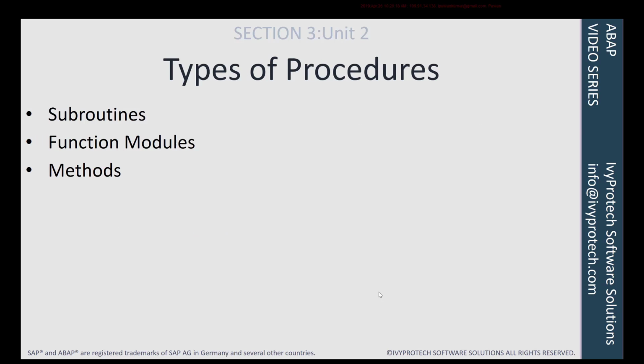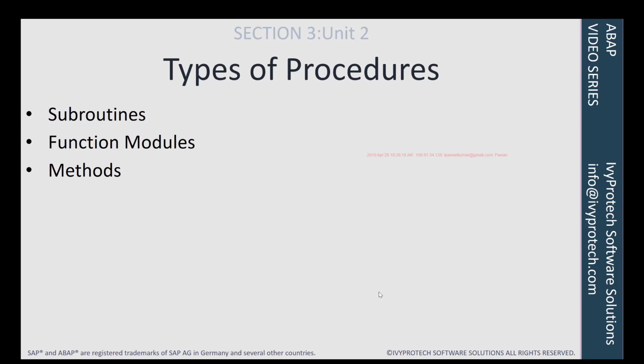If you are confused, I want to have a reusable software block, which one should I use? Whether I should use a subroutine, or a function module, or a method. Let me make it clear for you. If you are looking at reusability within the same program, then use subroutines. Subroutines can be called externally, but we generally do not call subroutines externally.